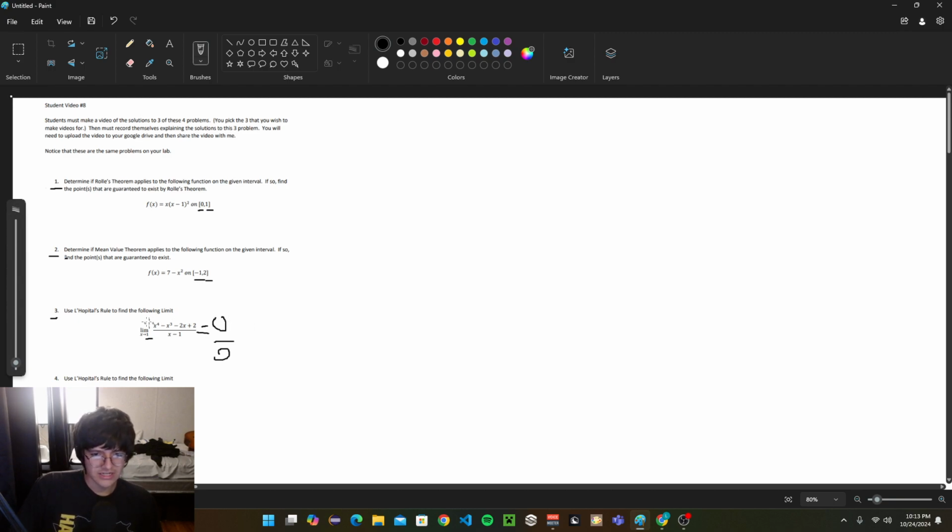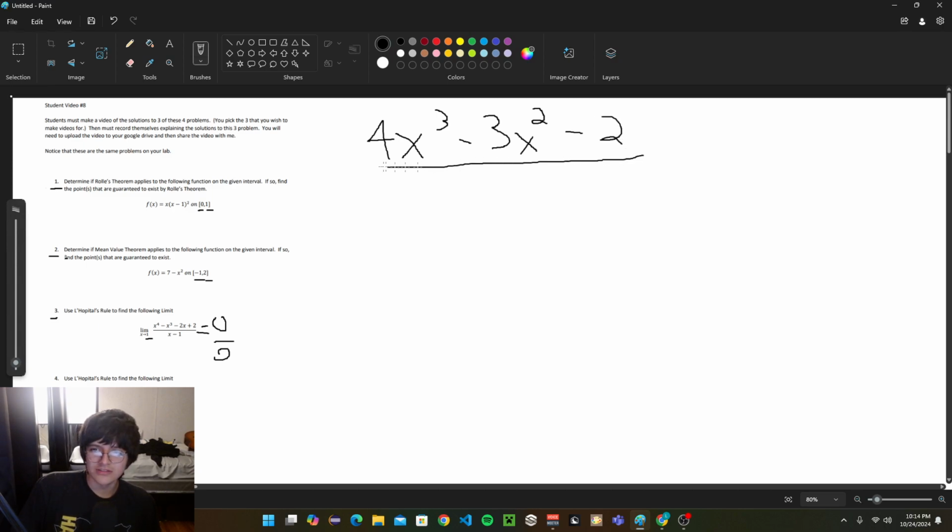So first, we're going to find the derivative of this. x to the power 4 would give us 4x cubed, and then x cubed would give us 3x squared, and then 2x would just give us 2x, and 2 would just give us 2, and then the derivative of 2 would just give us 0 because it's a constant, and then the derivative of x is 1, and the derivative of -1 is just 0.